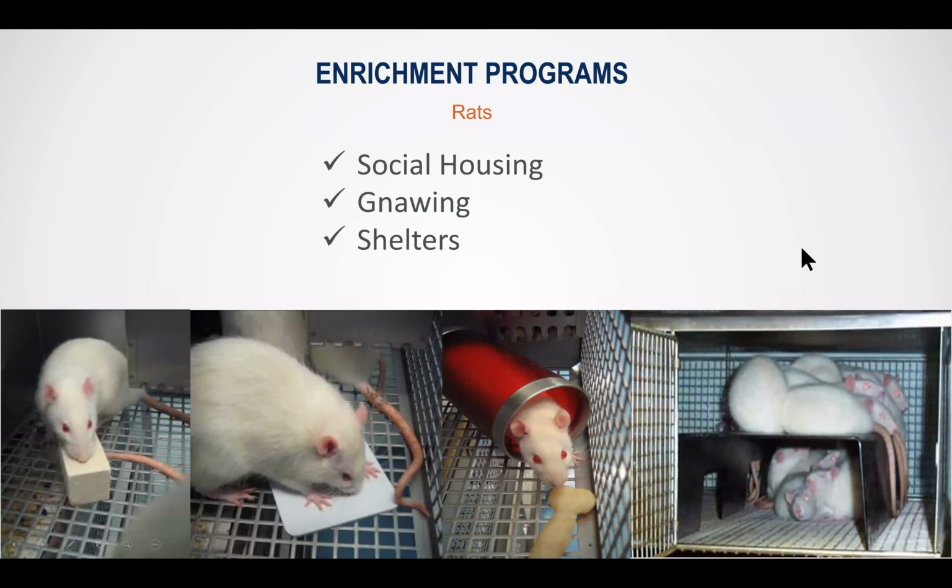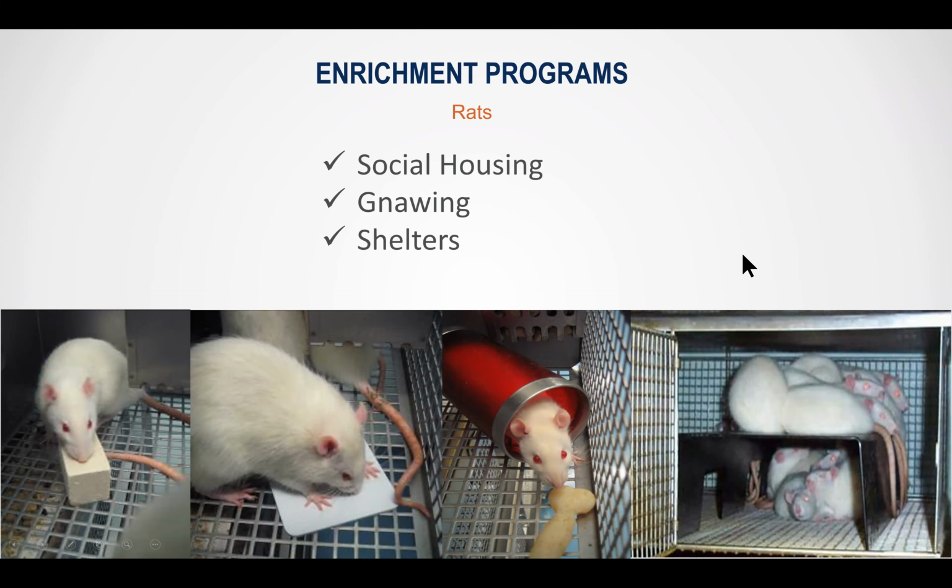So let's talk about enrichment for rats. Again, the first thing we want to do, they're social animals, so we want to socially house them. That's what you're seeing in the lower right-hand side of the slide. They also like to gnaw, and so providing them something like a nylabone or an aspen block, a hardwood block, is important so that they have that capability.